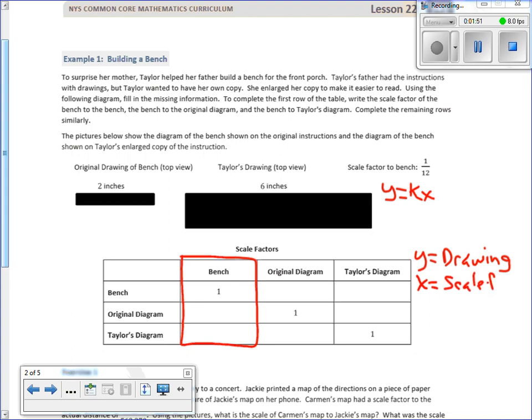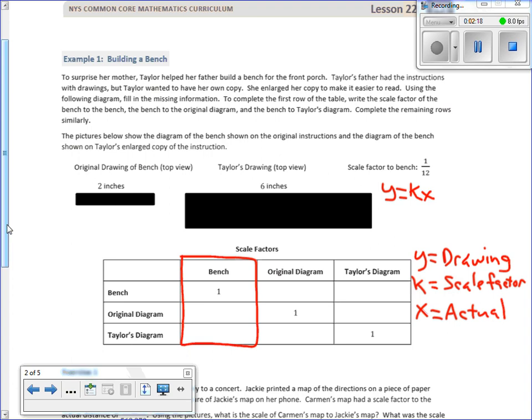Hopefully they all knew that at least. And not x, k is the scale factor. I apologize. K is the scale factor, and x is the actual bench. Okay, the actual, after being built, that'll be our x.